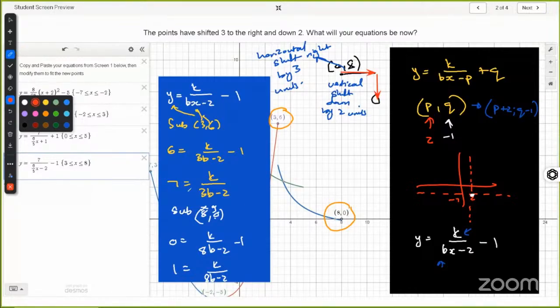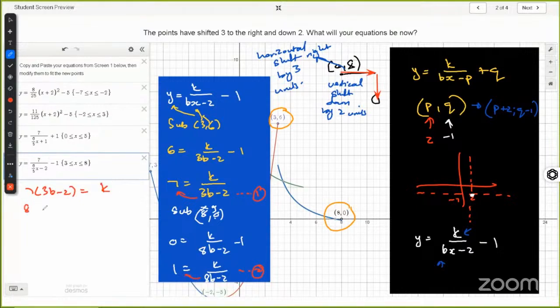But if we calculate this, this is my equation number 1 with k and b. This is equation number 2. In simultaneous equations, I'm going to move this across. I got 7 times 3b minus 2 is going to equal k, and 8b minus 2 is also equal to k. And so I can equate them.